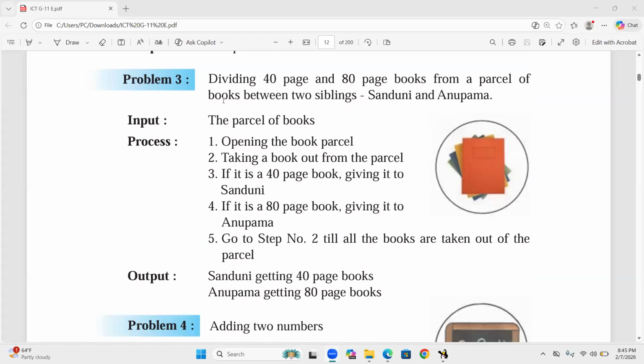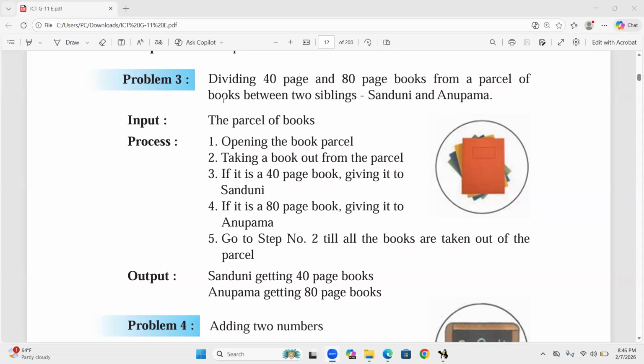Dividing 40-page and 80-page books between two siblings, Sanduni and Anupama, right? So the input of this problem is the parcel of books. Process: opening the book parcel and taking one book, right? If it is a 40-page book, then give it to Sanduni. Otherwise, give it to Anupama, right?